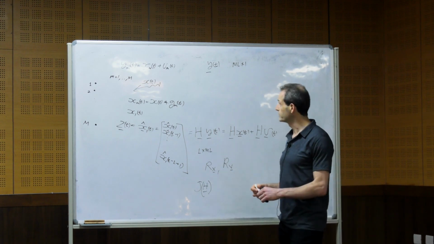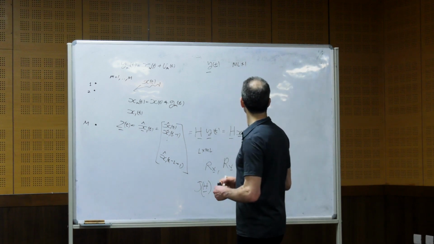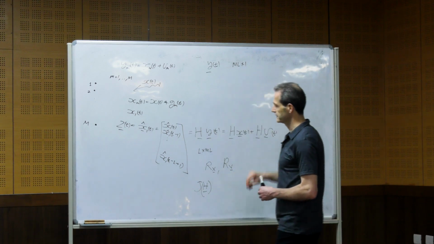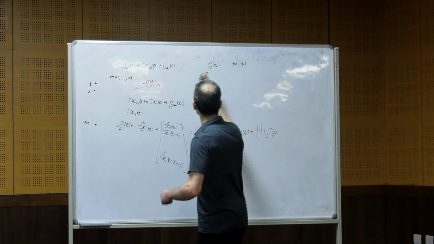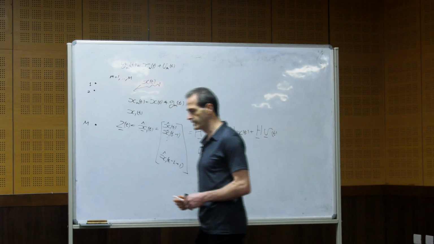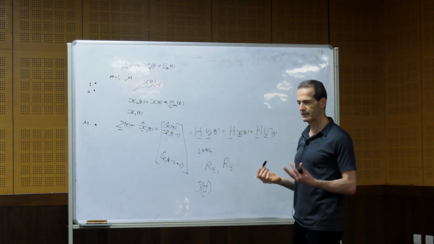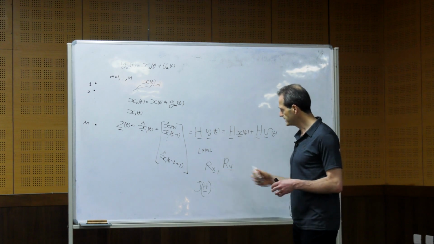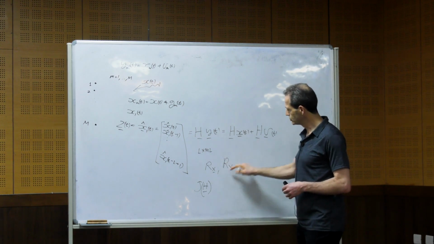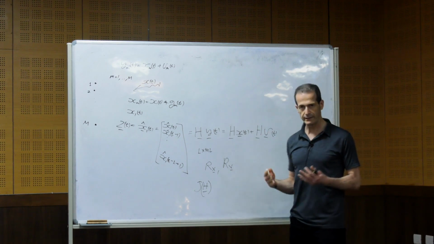Okay, so what we did, we said, let's find the generalized eigenvectors and generalized eigenvalues of these two matrices. We know that these two matrices are symmetric, and also they are full rank.